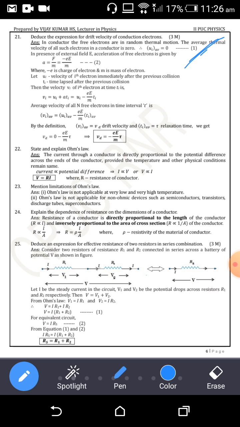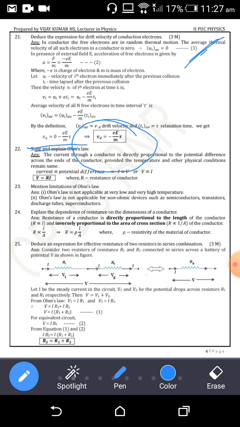So the left out terms will be v subscript d is equal to 0 minus e into E divided by m into tau. That is, v subscript d is equal to minus e into E divided by m into tau. So this is the expression for drift velocity. That v average we have replaced by v subscript d.